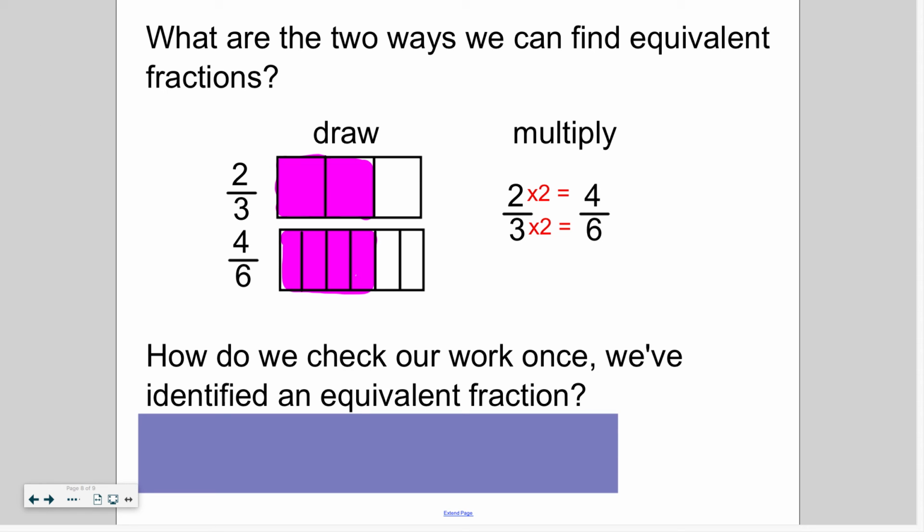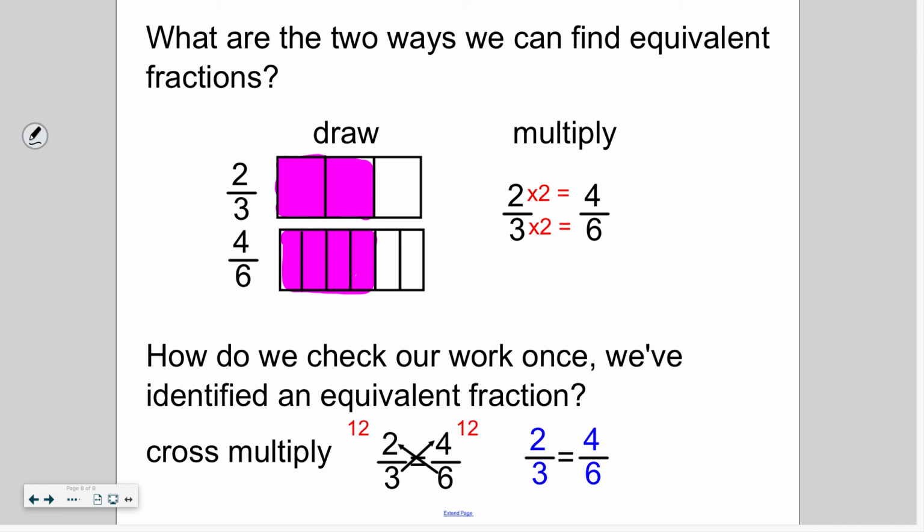Now once we have this equivalent fraction, how do we check our work to make sure we're correct? We cross multiply, right? 6 times 2 is 12, 3 times 4 is 12, so I know that these are in fact equivalent fractions. 2/3 is equal to 4/6.